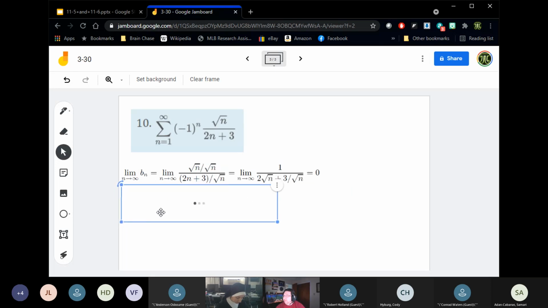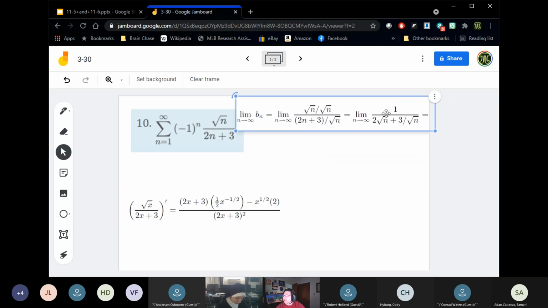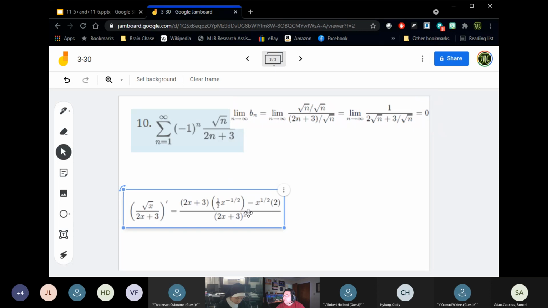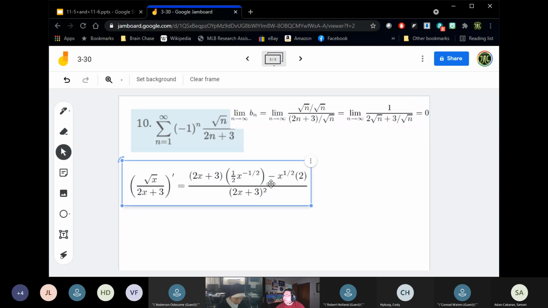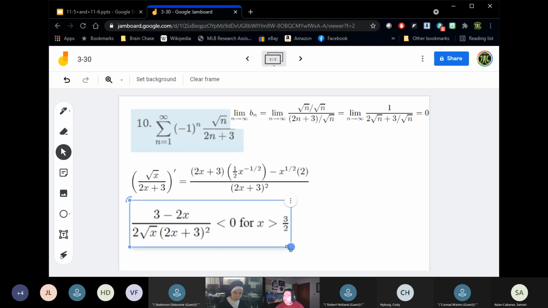So the beginning of the derivative, so that's if you have the derivative of the top times the bottom, minus the derivative of the bottom times the top, over the bottom squared. And then we can simplify that down to that.